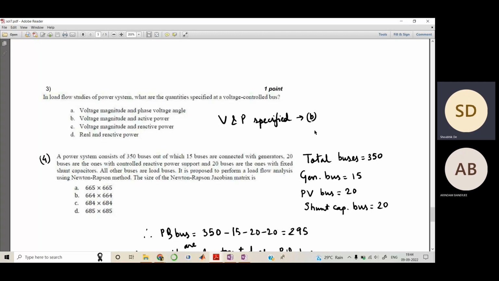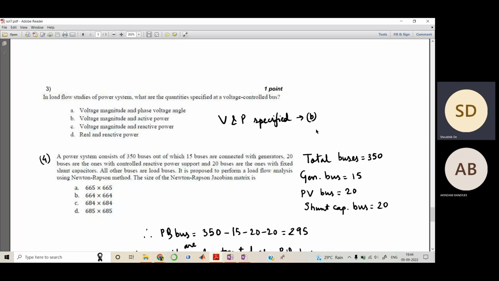And this is the opposite of the load bus, where the real and reactive power components are specified, and you need to determine the magnitude of voltage and the phase angle. These two terms are to be determined for a load bus.